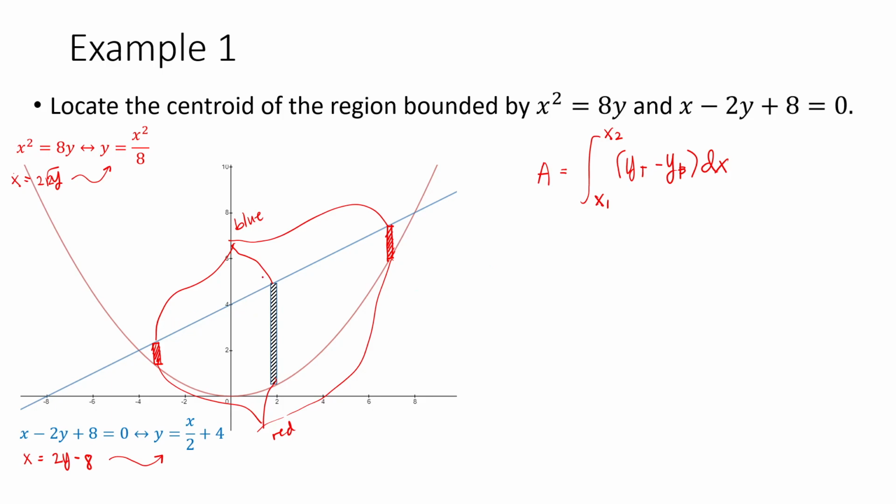Our limits of integration for this one is from x to x, the boundary of x on the left side going to the boundary of x on the right side. So this one is from -4 going to 8. In getting the points of intersection, you need to show your solution for these values.